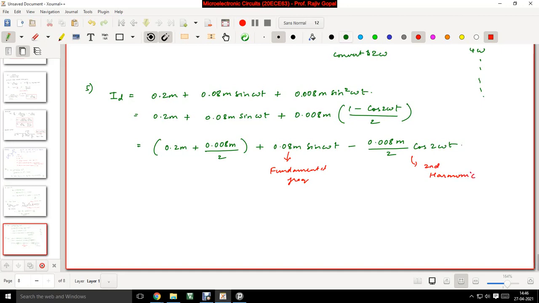So percentage D2 is the amplitude of second harmonic by the mod of amplitude of fundamental frequency.